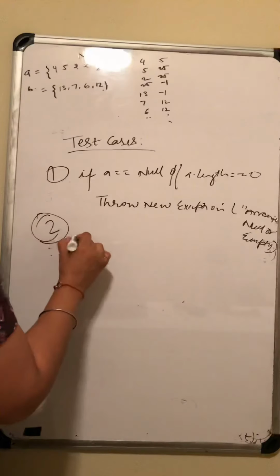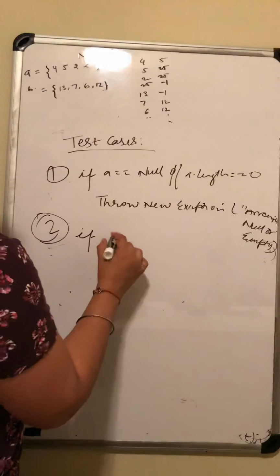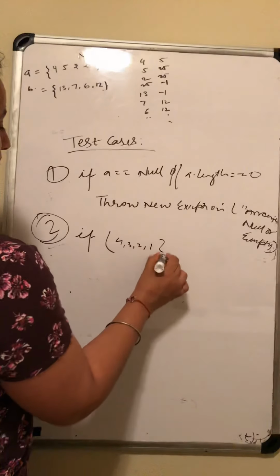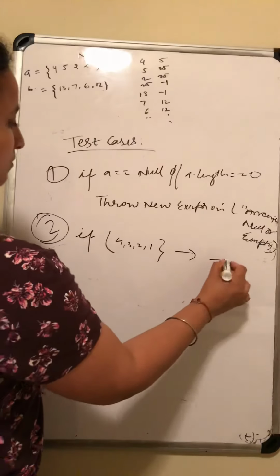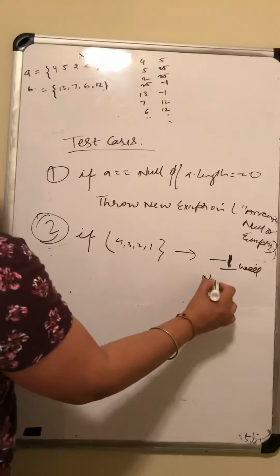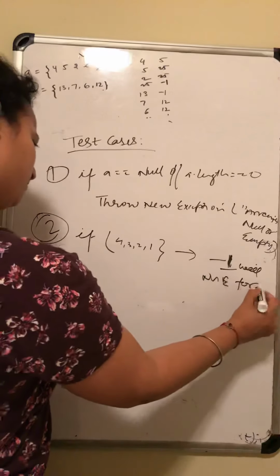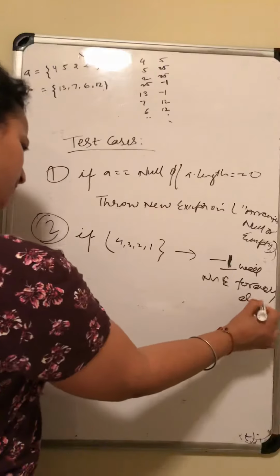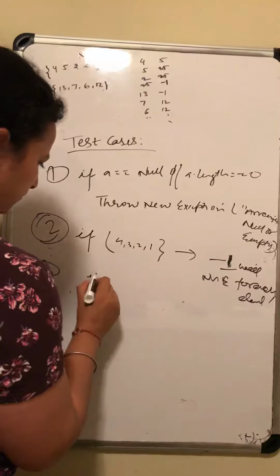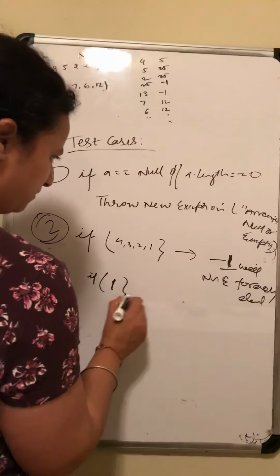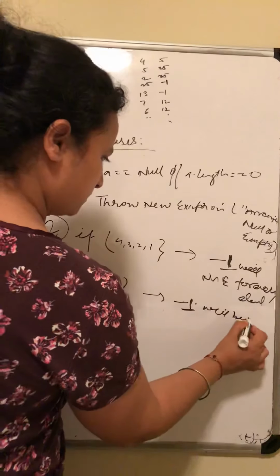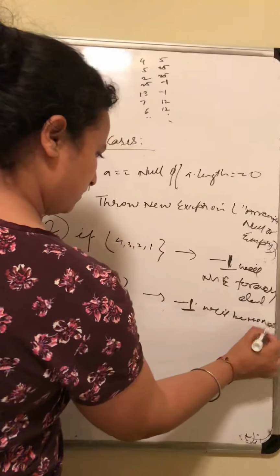Second, if the array contains elements like 4, 3, 2, 1, then -1 will be the next greater element for every element. If the array contains only one element, then -1 will be the next greater element.